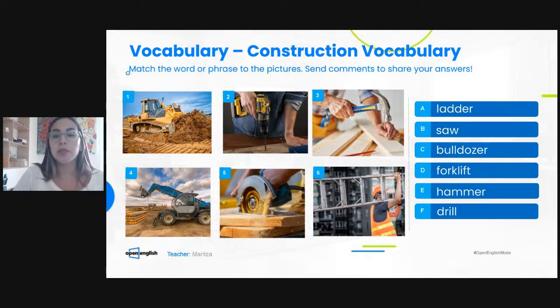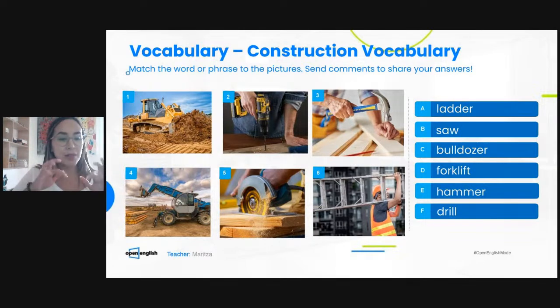So, word number one, ladder. Word number two, saw. Word number three, bulldozer. Number four, forklift. Number five, hammer. And number six, drill.